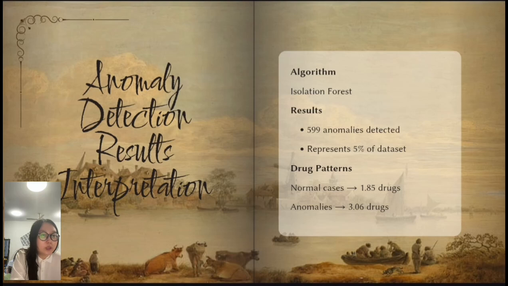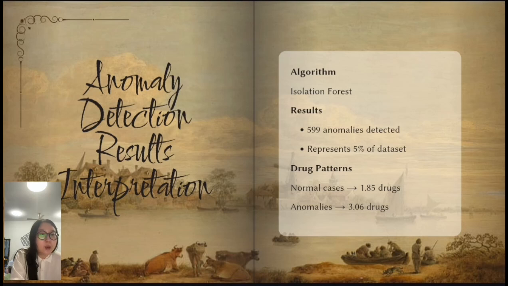However, for anomalous cases, the average number of drugs is much higher, around 3.06. This suggests that anomalous cases often involve more complex drug combinations. In many cases, drugs such as cocaine and alcohol appear together. This complexity may represent an unusual or rare pattern of drug use.